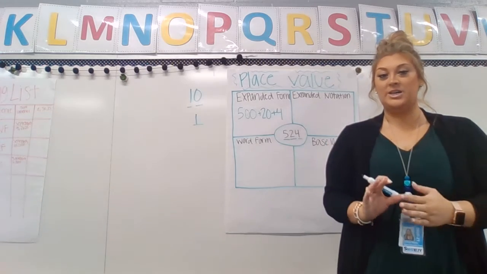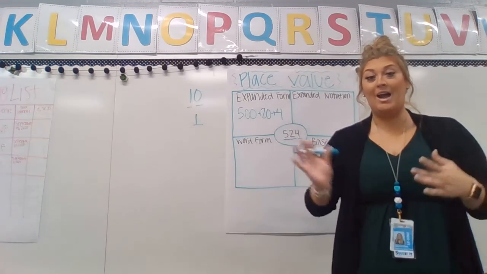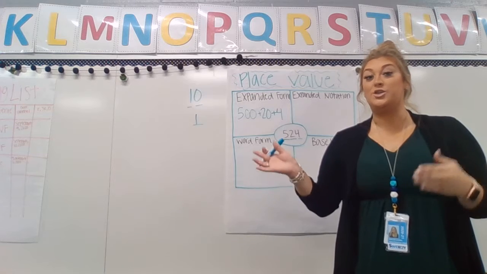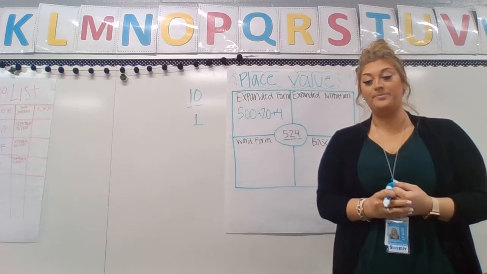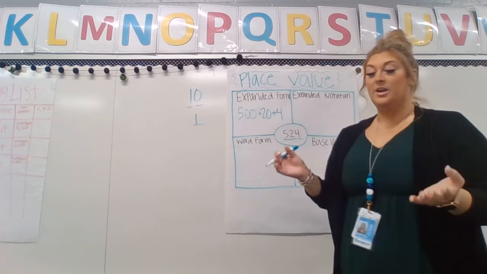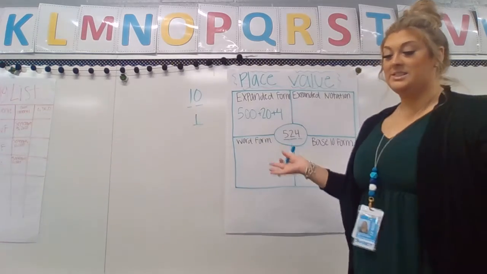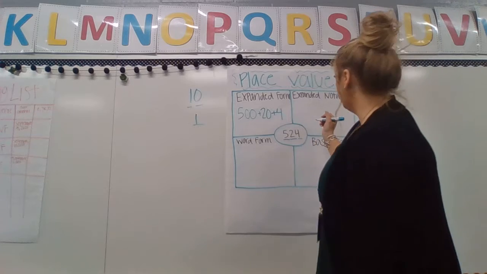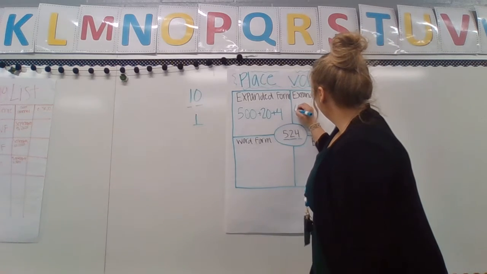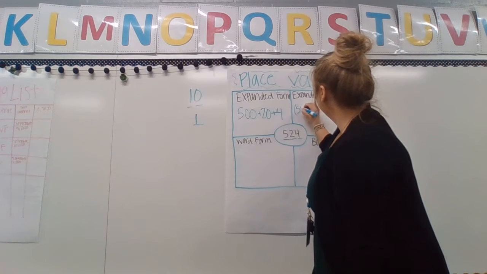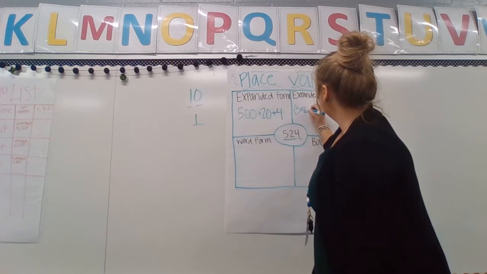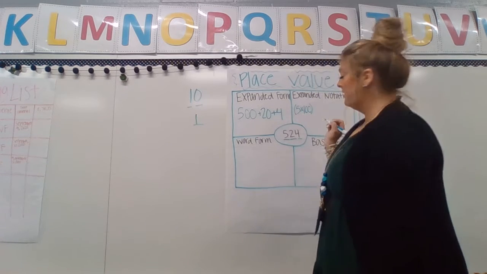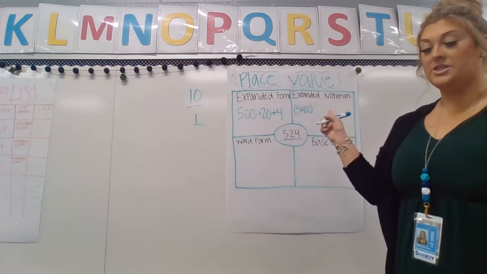If I have 100, but I need 500, how many hundreds do I need? You need 5 to get 500. So we're going to put 5 times 100, just like that.